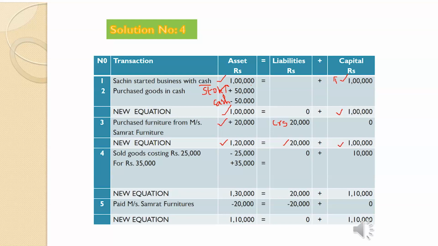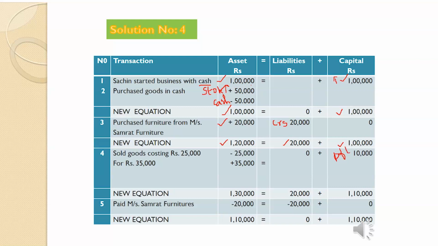Then sold goods costing rupees 25,000 for 35,000. So what is the profit here? The profit is 10,000, that is 35,000 minus 25,000.